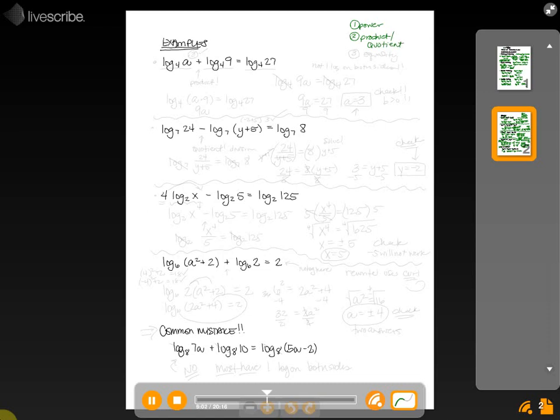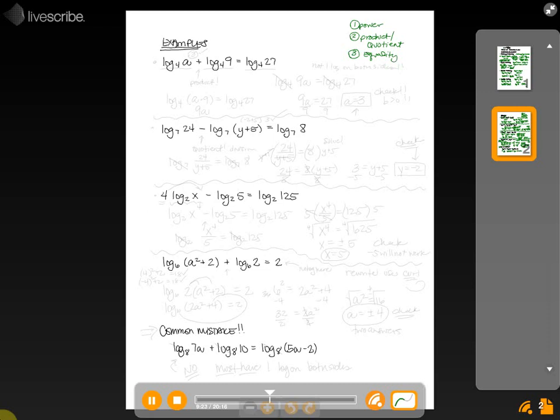Usually it'll be one or the other. You're going to multiply them together or you're going to divide them. But they should be the second thing you check. And then by the time you've gone through those three properties, you should be ready to use the property of equality, where we will cancel out the logs on both sides. And then we just have an algebraic equation to solve.